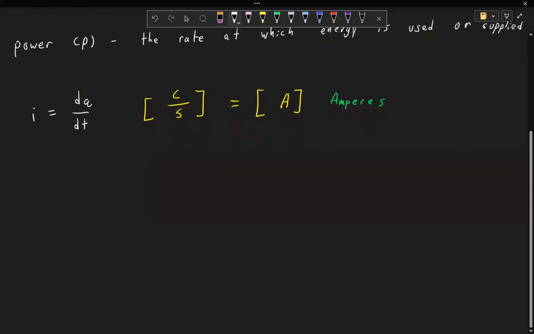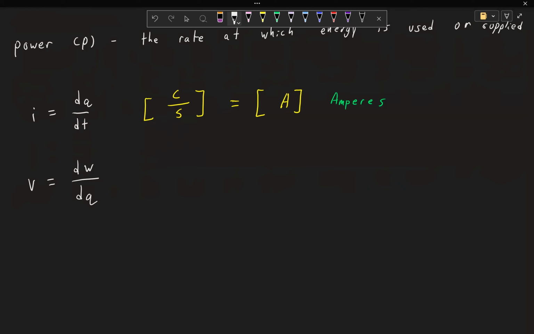Next, we have voltage. V is just equal to the derivative of energy with respect to charge. So dW/dq. W is used for energy. You can think of it like W for work. Work is energy, so W is energy.